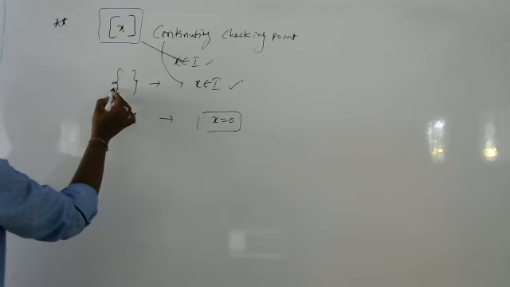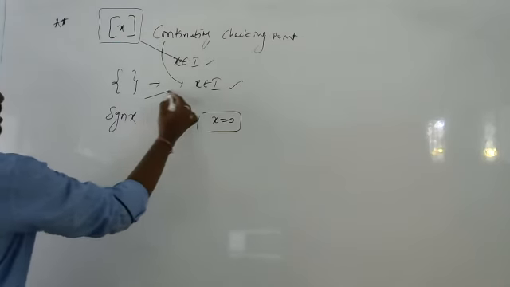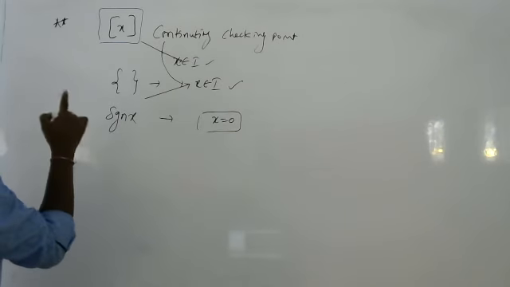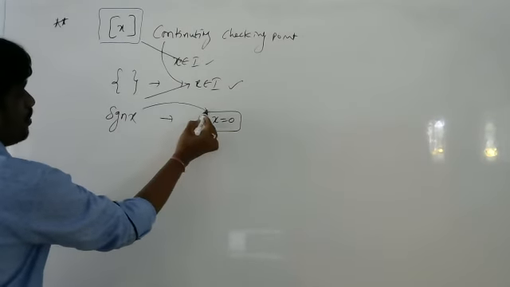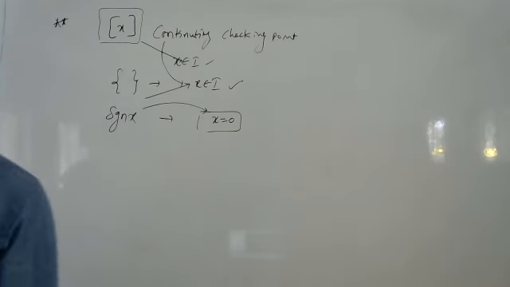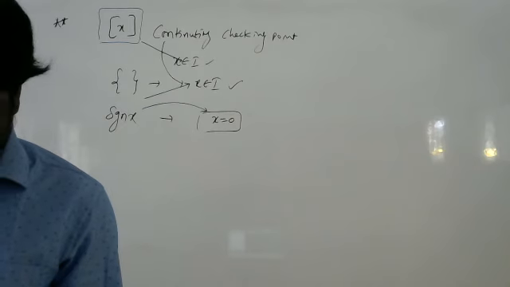Whenever the fractional part of x is given, we check continuity at integer points. Whenever the signum function is given, we check continuity at the point where it becomes 0. Whether it is continuous or discontinuous, we check at these points only, then we decide. Can you understand this? Please note down the points.